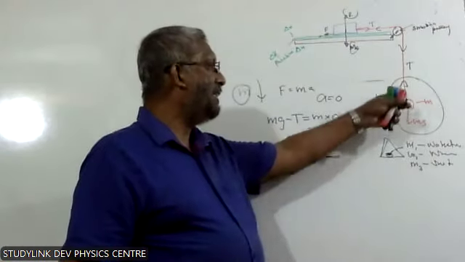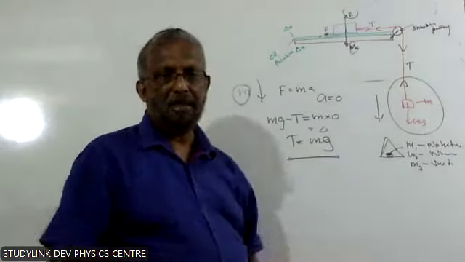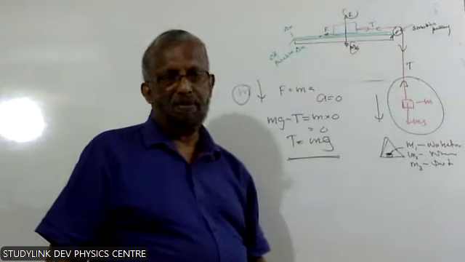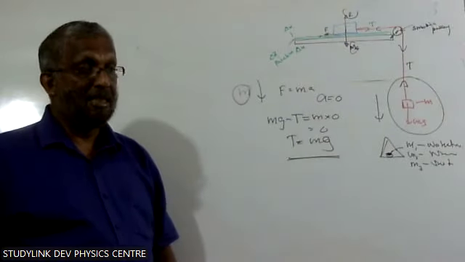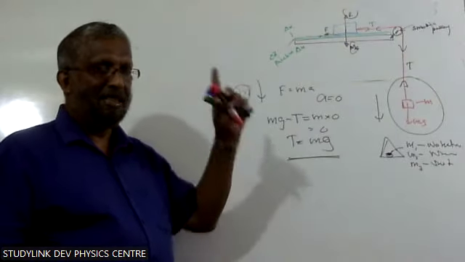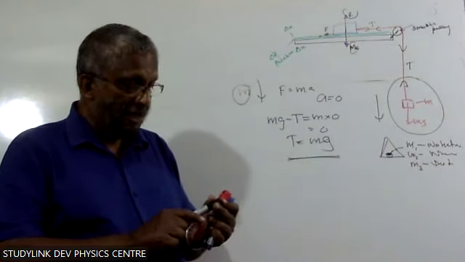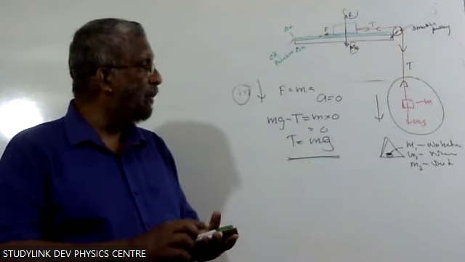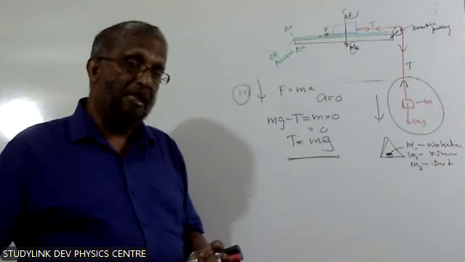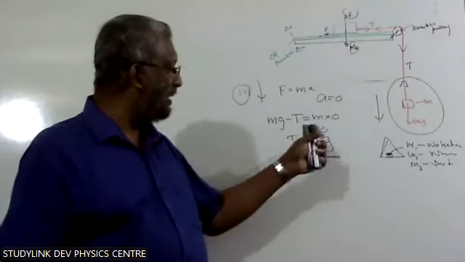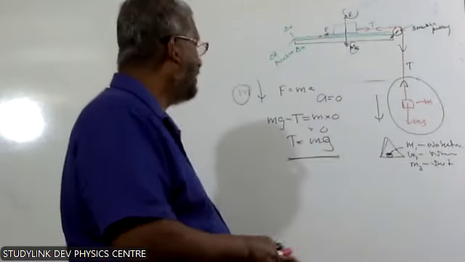Any student can write T is equal to mg. That is not a matter. But you can't say it is in equilibrium. But it is in equilibrium where Newton's law is concerned, because Newton said when an object is moving without changing its velocity, that is considered equilibrium. But anyhow, it's easy if you show this.